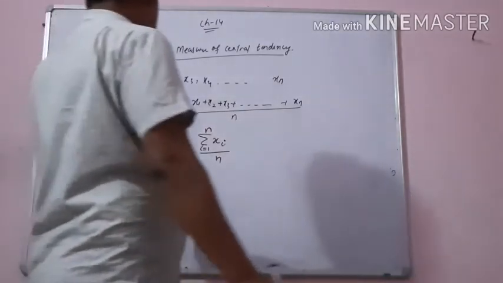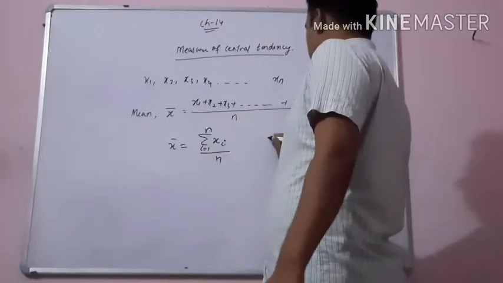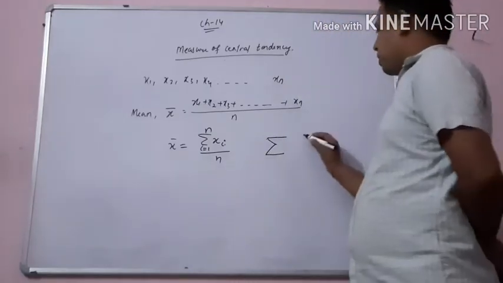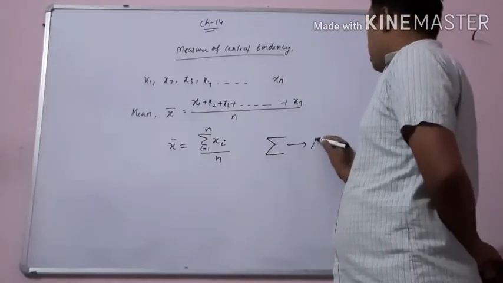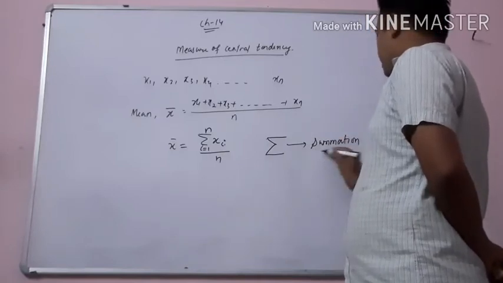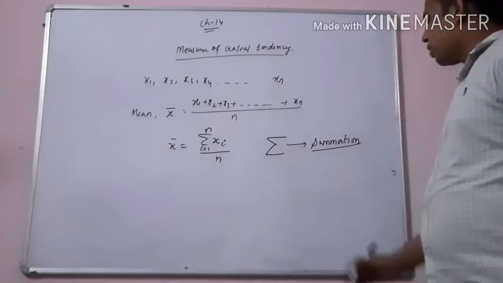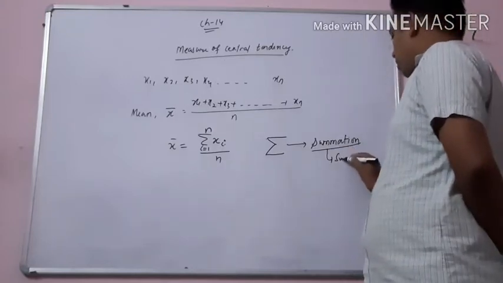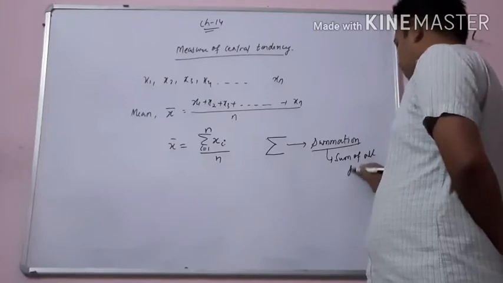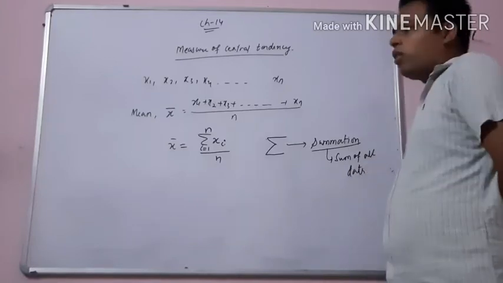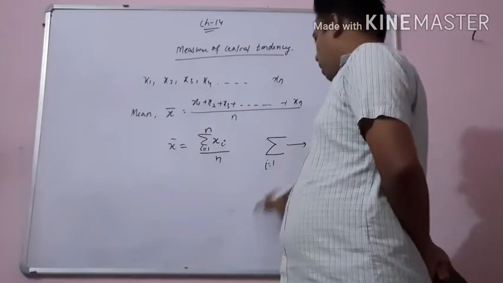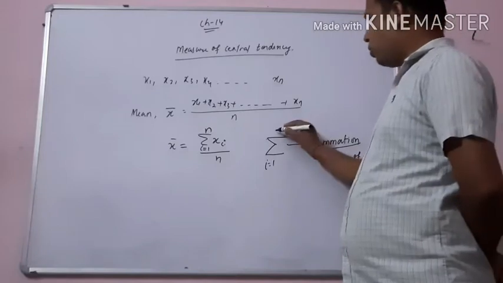Now, I have used this symbol. What is the meaning of this? This symbol represents summation. Summation means sum of all data. I have taken i equals 1 to n.